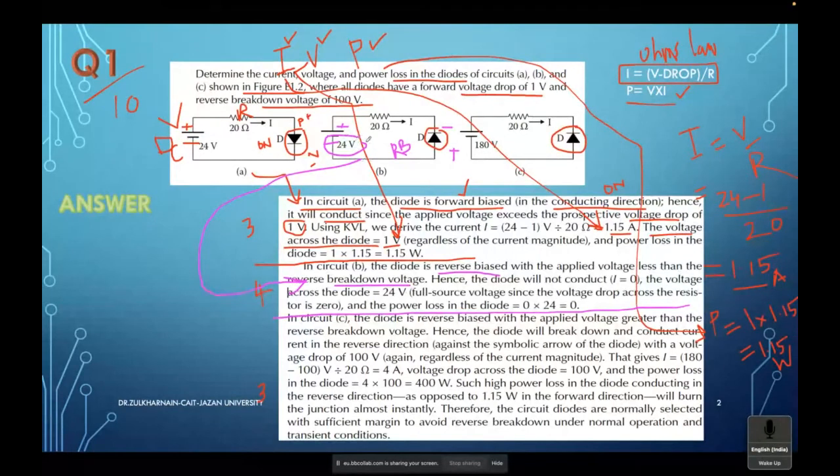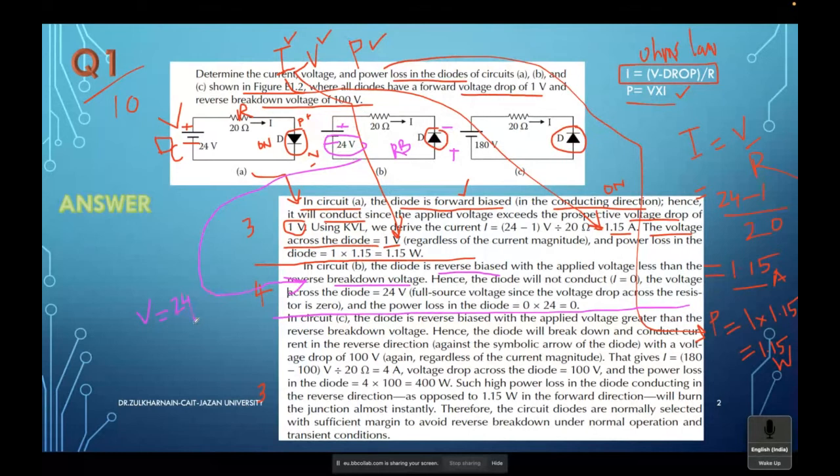So the voltage in this second case will be equal to the voltage supply, because the diode is in the off state. Whenever the diode is in the off state, whatever voltage exists at the power supply will exist as the voltage drop. So for this part of the question, V is 24 volts in the second case. Why? Because in the off state, the whole voltage will appear across the diode.